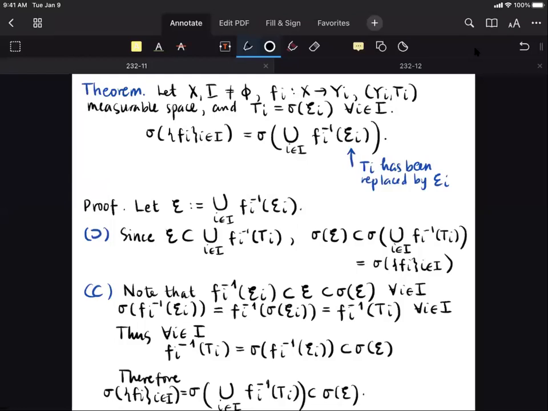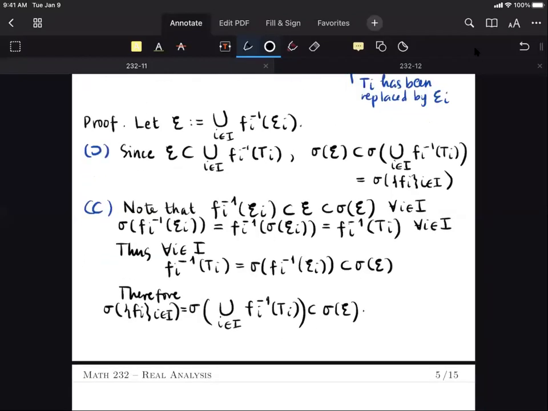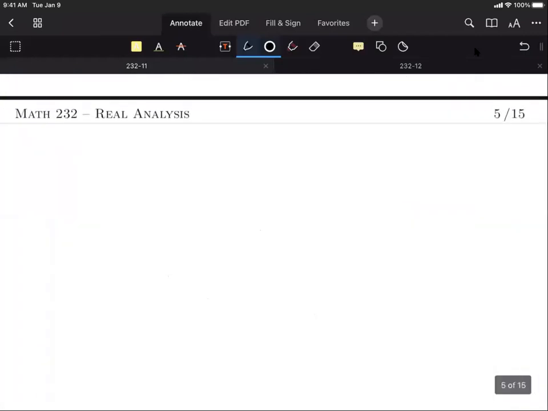So once again, in the definition of the initial sigma algebra, we can replace the sigma algebras in the codomain by their generators.